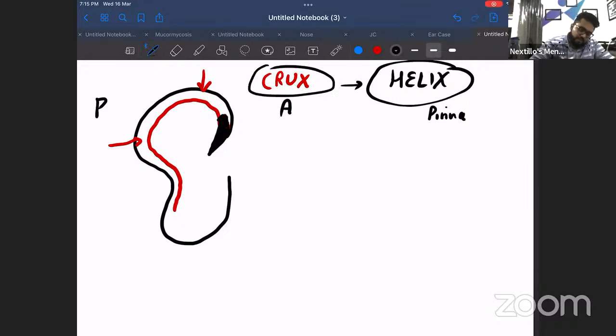There is one more elevation which runs just opposite the helix and comes and divides into two over here. This is called the antihelix. Now you see this is one elevation which is coming here and dividing into two.